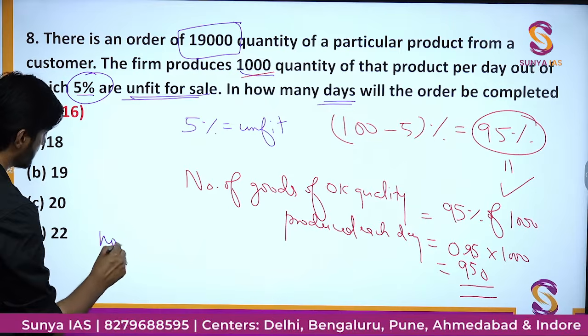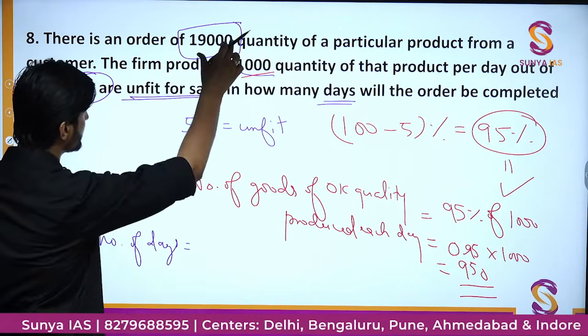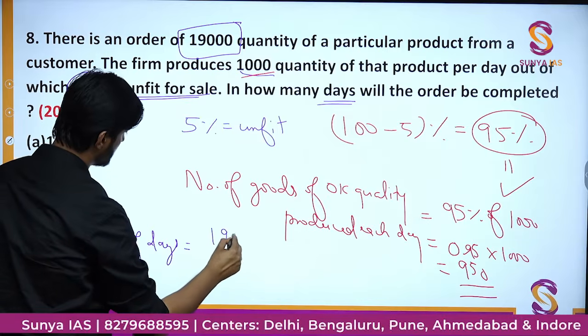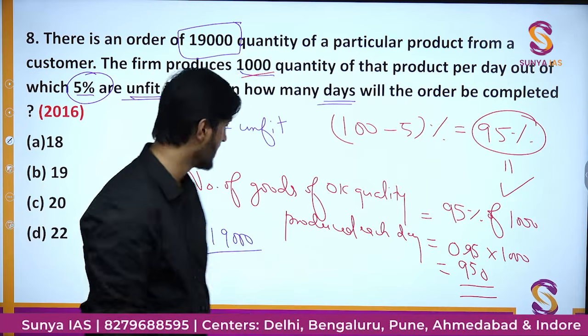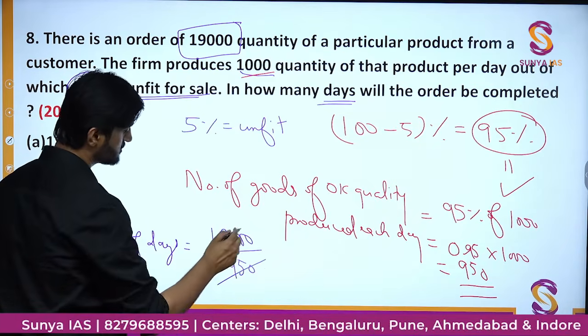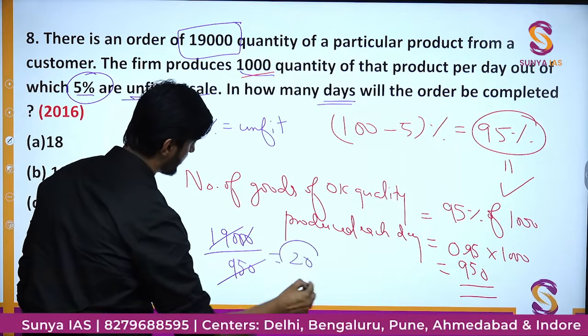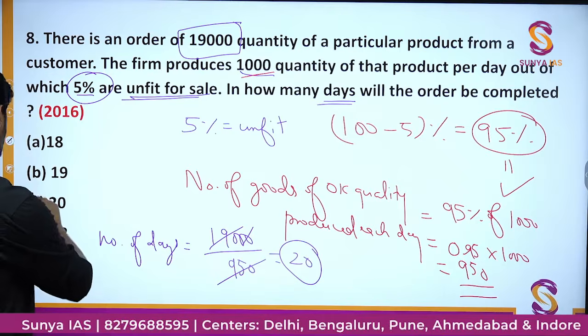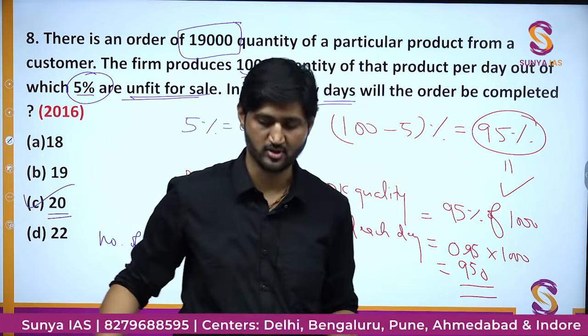So number of days would be nothing but total quantity 19000 divided by quantity produced in 1 day, that is 950, and if you cancel it out, we'll get the value of 20 as the correct answer. So option number C here is going to be the correct option. Okay.